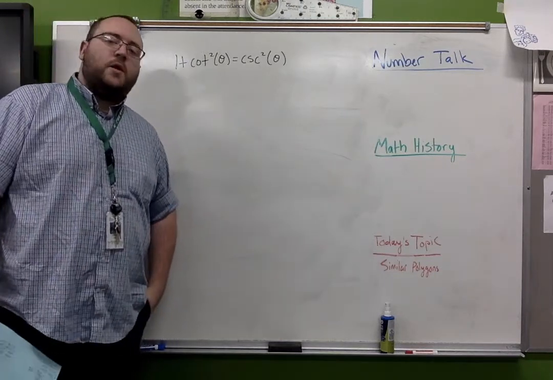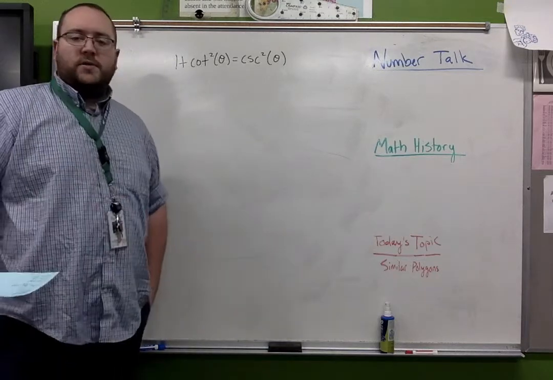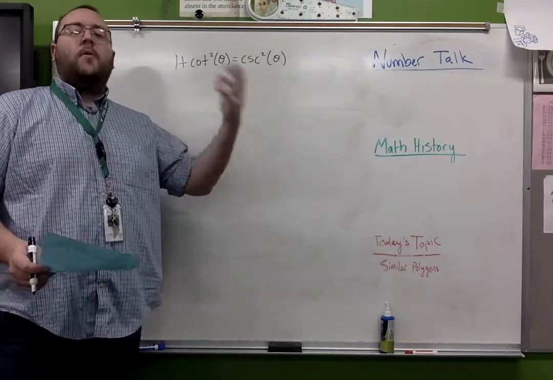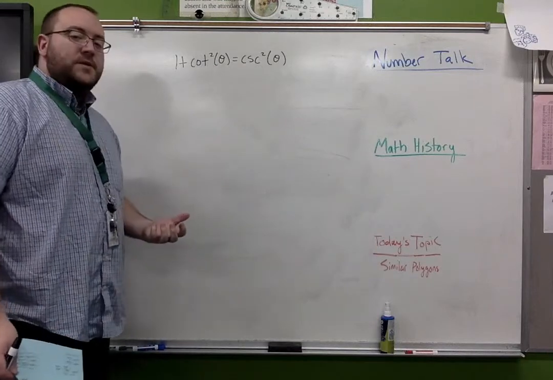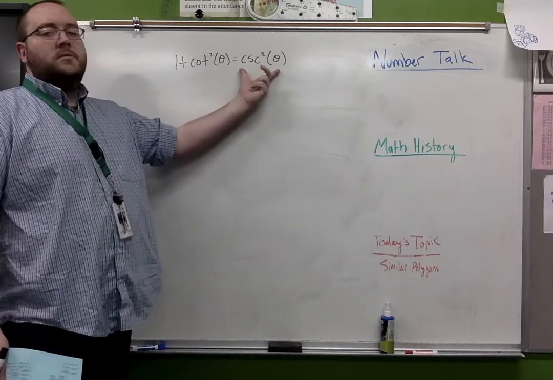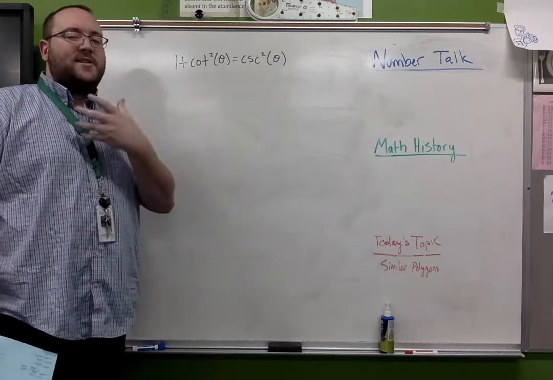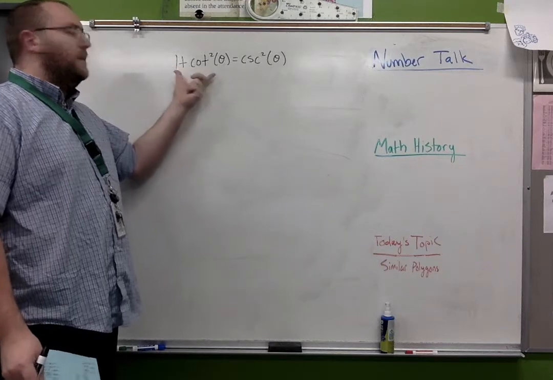My suggestion to you is work with the side that's more complex. You're all used to taking something that's complex and simplifying it. That's what you've been doing your whole math career. It's harder to take something that's already simplified and make it more complex because there's 1,000 different ways to do it, and there's only one specific way to get it to here.